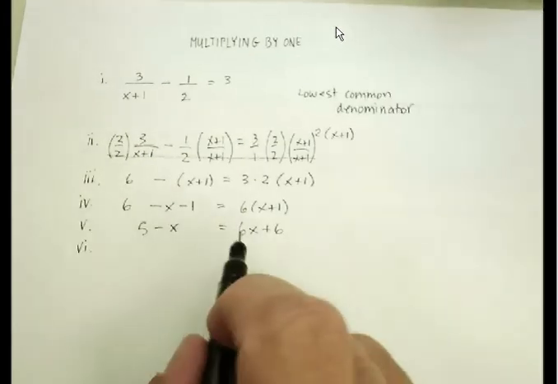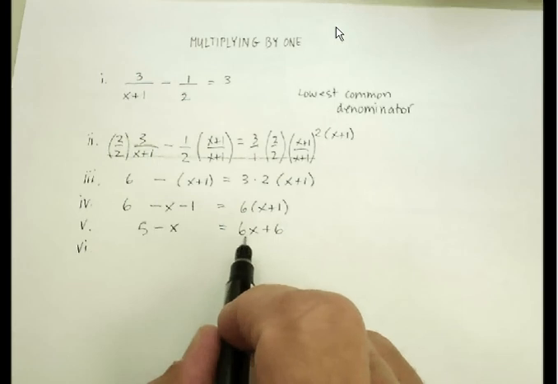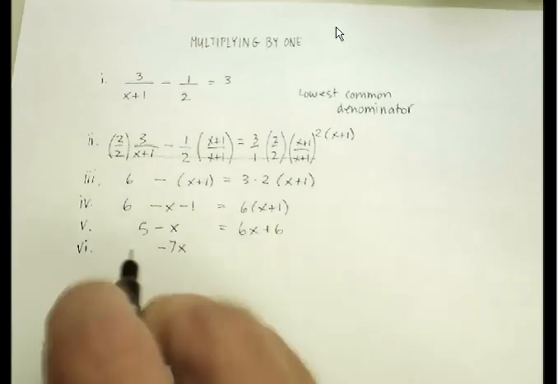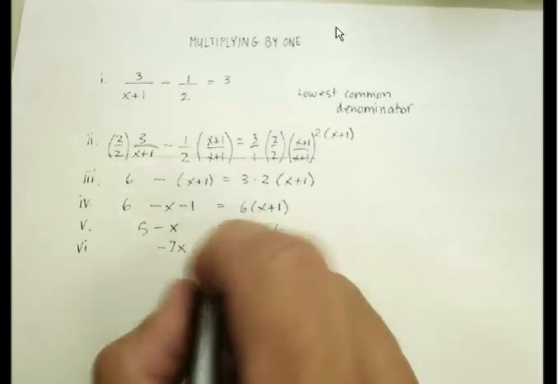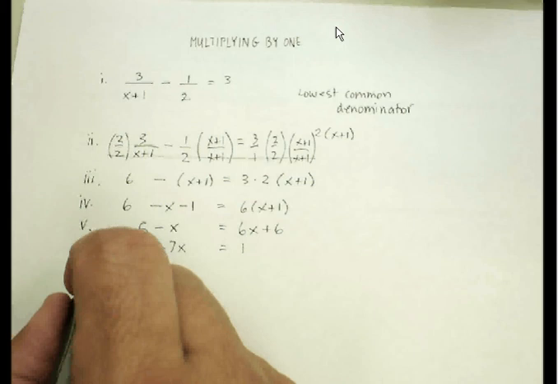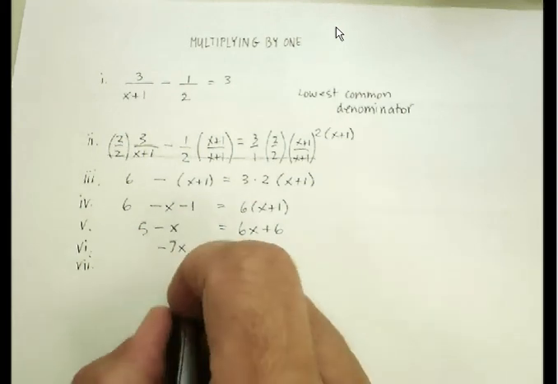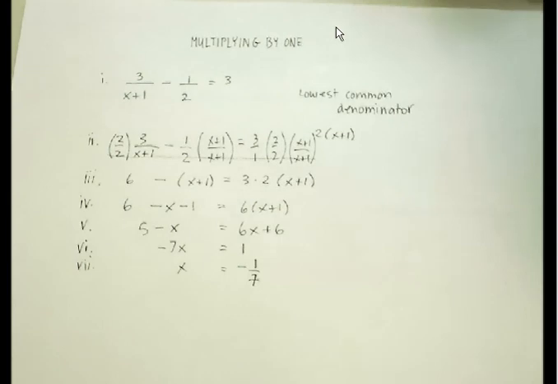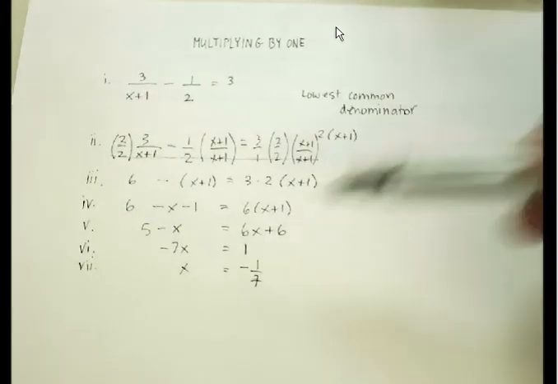Next step, let me subtract 6x from both sides. That gives me a -7x over here. Let's subtract 5 from both sides. That gives me a 1 over there. And finally, let's divide by a -7. And there's your answer. X is equal to -1/7.